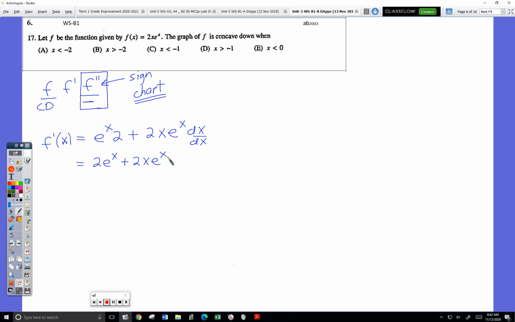So now I need to find f double prime. This is just a multiplying constant, so I just write it down. I already did it. The derivative of e to the x is just e to the x. Do you need me to do anything more there? I'll show more detail if you need it.